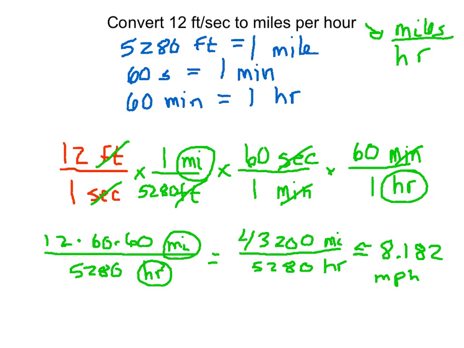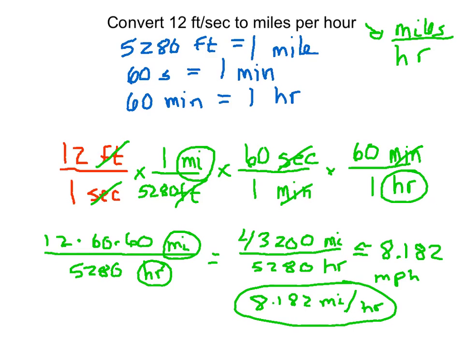MPH, you could also write this as 8.182 miles per 1 hour. So that MPH is the same thing as miles per hour. This is converting rates, and you're going to have to be able to do this. There are other ways and other strategies that we can take to convert units, but this is dimensional analysis.